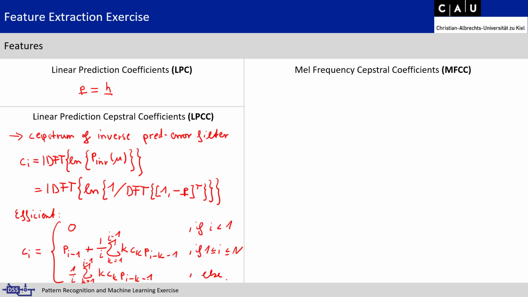When we look at mel frequency cepstral coefficients, this is actually then a feature that is not really based on a cost function, but it's more a method where you're aiming at something specific and we have some certain steps that we take. And I want to walk you through those certain steps.